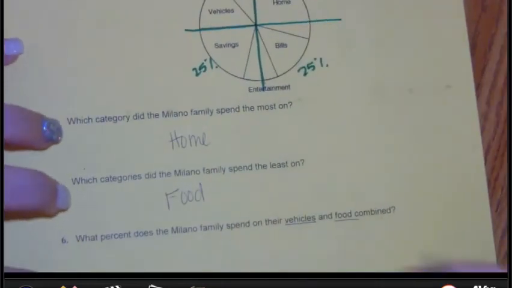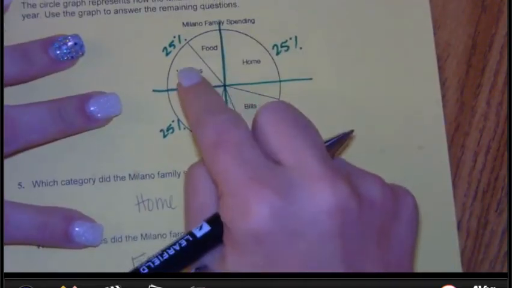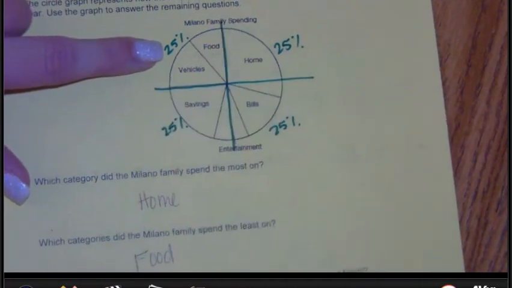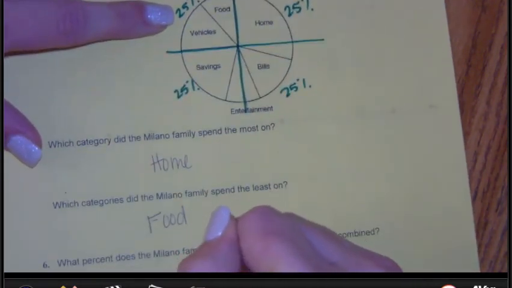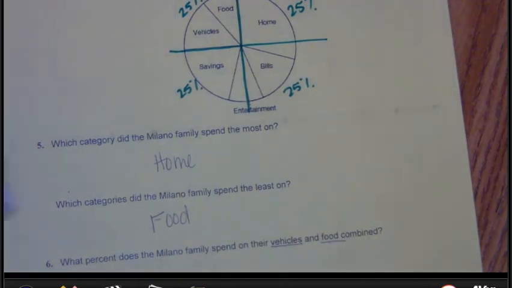I'm asked what percent I spent on vehicles and food. Vehicles and food together fit inside of that 25% wedge. So together is 25%.